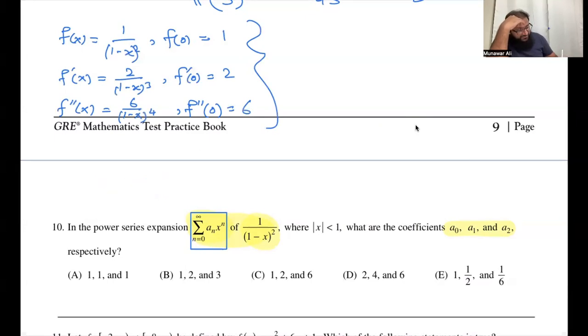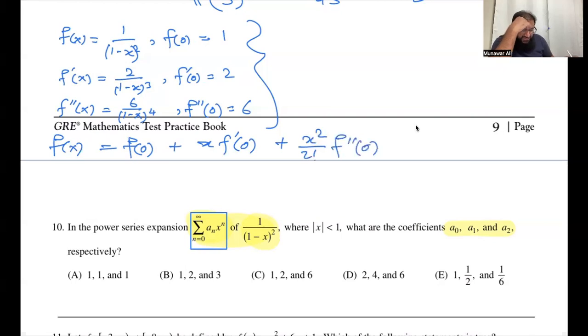So for a function, the Maclaurin series is f of 0 plus x times f prime of 0 plus x square over 2 factorial f double prime of 0. Because I need only 3 coefficients, I'm not going beyond this.